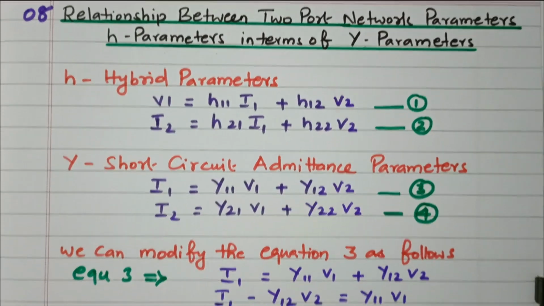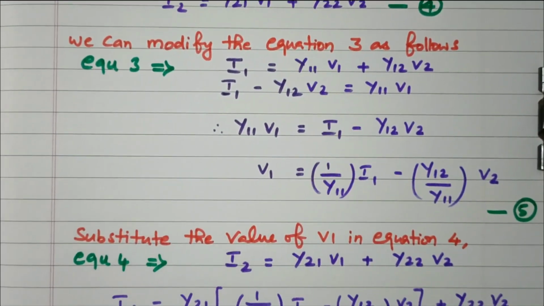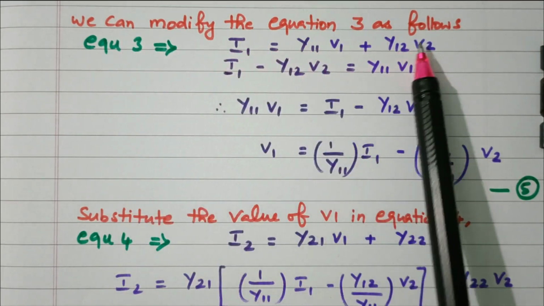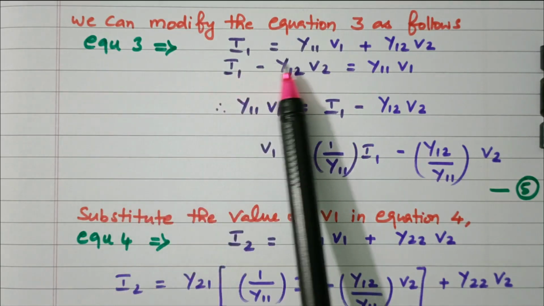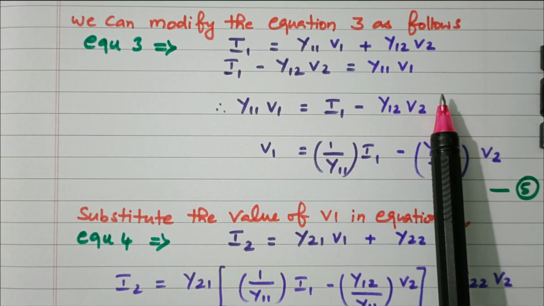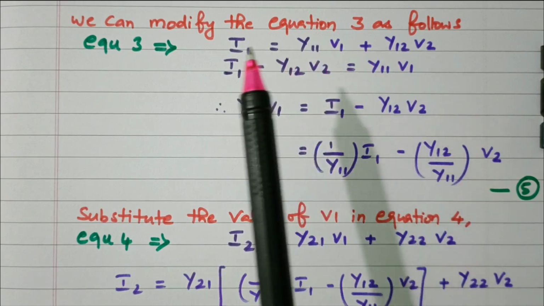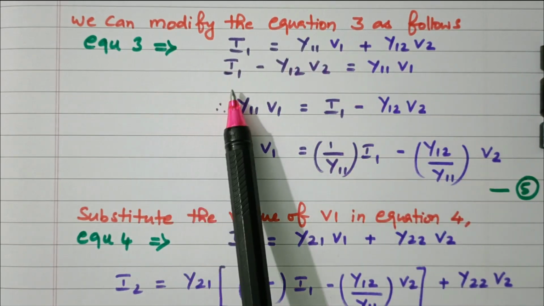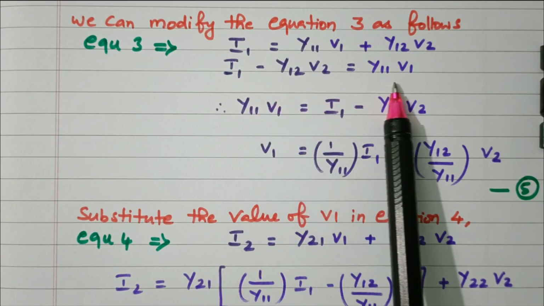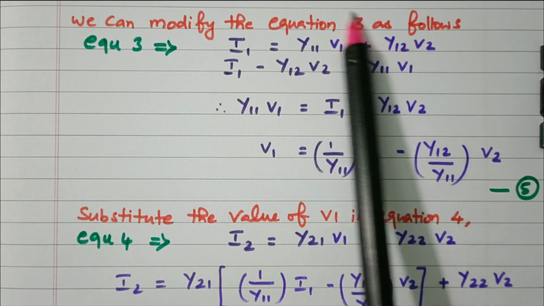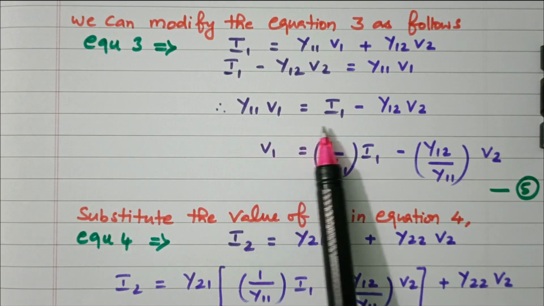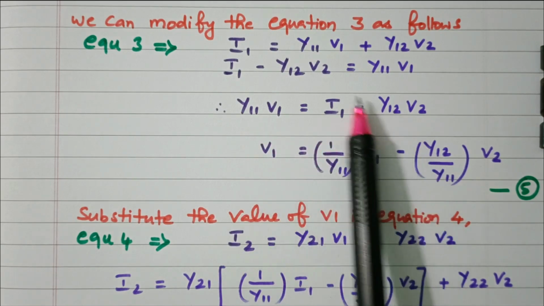Now consider equation 3. We are going to modify equation 3. So this is equation 3: I1 equal to Y11 V1 plus Y12 V2. This Y12 V2 is brought to the left hand side, so that it becomes negative. I1 minus Y12 V2 is equal to Y11 V1. Now it is rearranged: Y11 V1 equal to I1 minus Y12 V2.